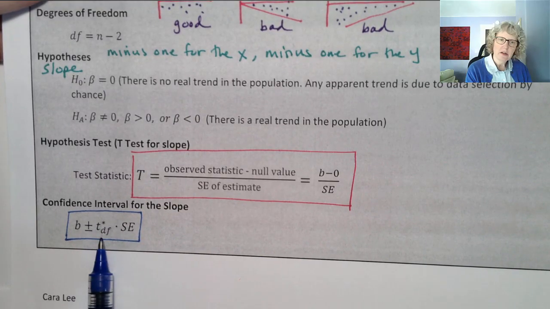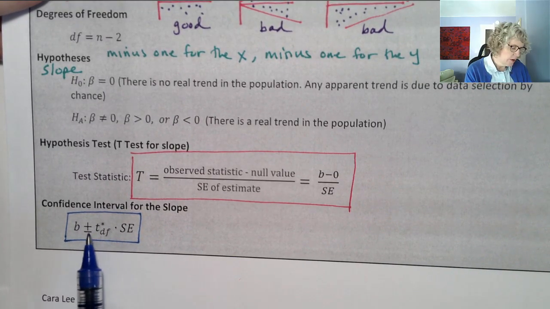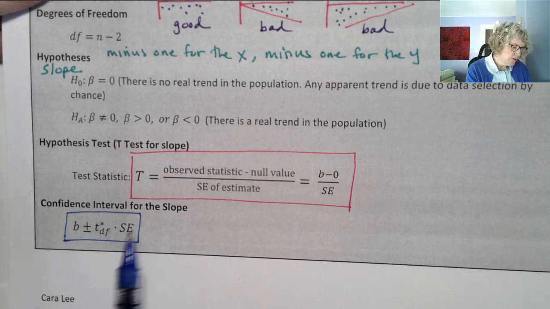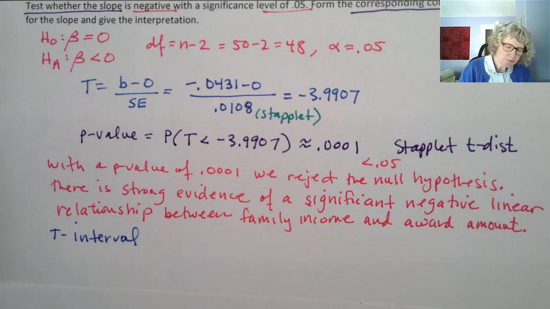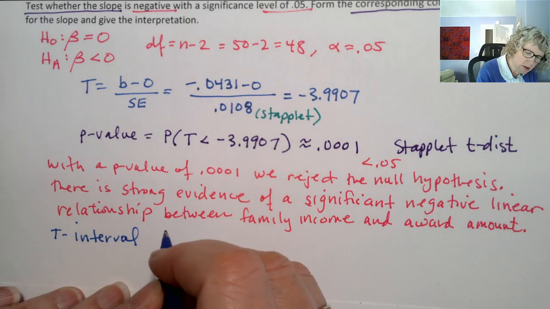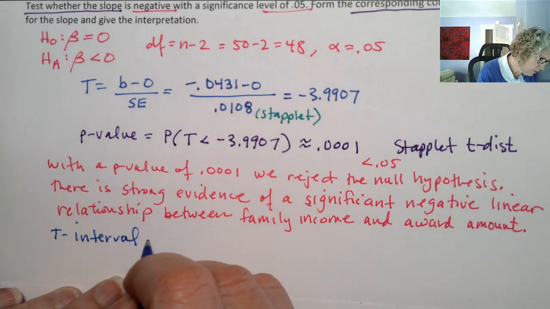Oh, we need to figure out our confidence level, right? Times our standard error. So that's the same standard error that we used before. So let's figure out what our confidence level is going to be. Let me write the formula first.